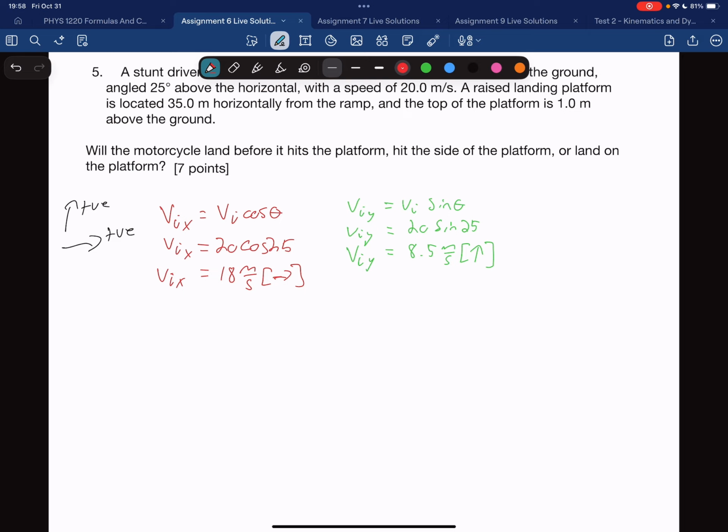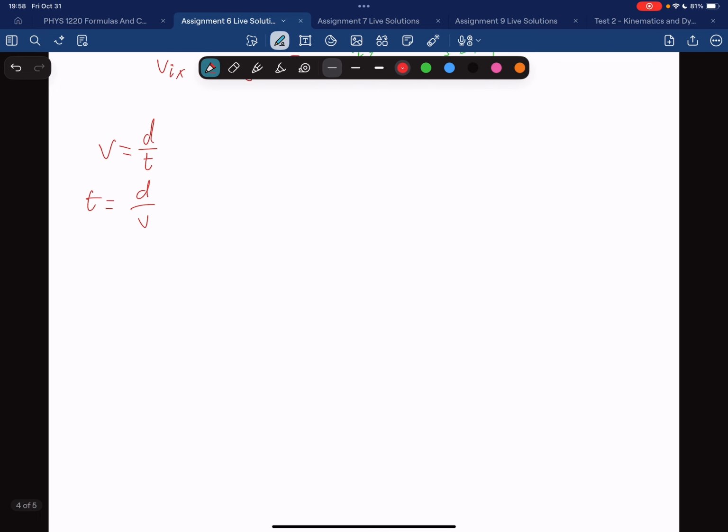So I can use a constant velocity equation to figure out how long it takes to move 35 meters. Speed equals distance over time, rearranged for time equals distance over speed, and this will give us the time it takes to travel 35 meters moving at 18 meters per second horizontally.